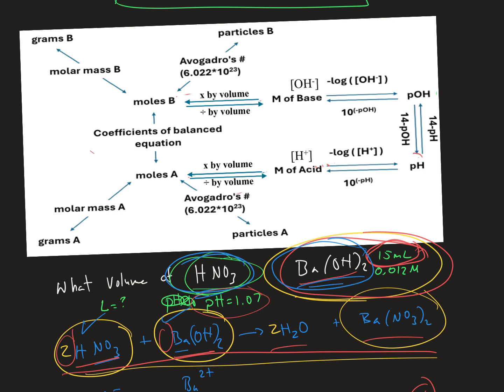So here, we were given the concentration of our base. And we were also given the pH of our acid, right? We can't go this way, because that gives us something we already know. So we're not going to follow that path. We can either start here or start here.